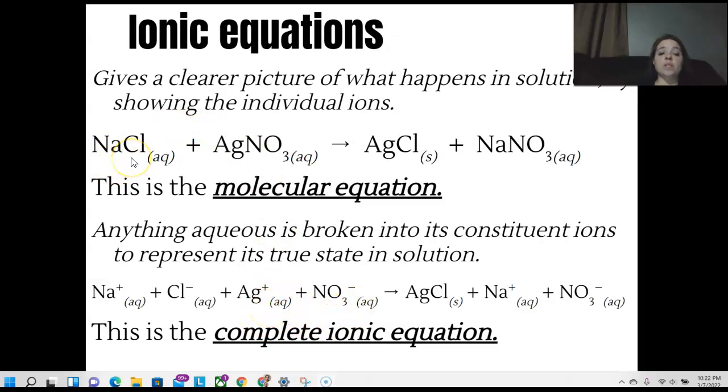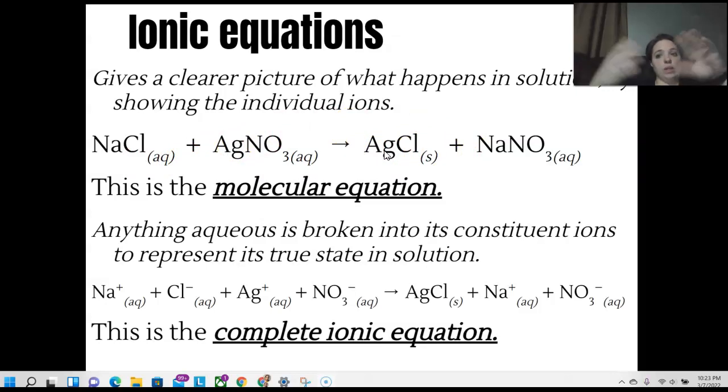So we're going to break up the sodium chloride into its ions in aqueous solution. So sodium +1, aqueous, chloride -1, aqueous. Now on the other side, we see that when silver bonds with chlorine, when you get this double reaction going and you have the switch, silver chloride actually is solid.